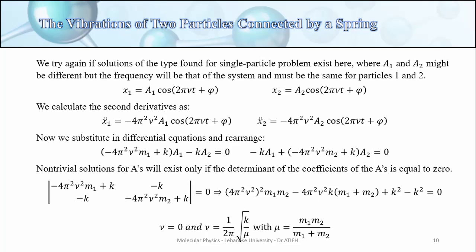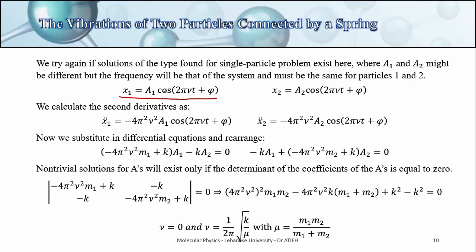Remember that we are searching for the solutions of the coordinates x1 and x2 as functions of time. A first guess would be taking x1 and x2 in a way similar to that for a single particle. So for a single particle, the solution was x equals a cosine (2 pi nu t plus phi). So let's try to take x1 equals a1 cosine (2 pi nu t plus phi) for the first particle, and x2 equals a2 cosine (2 pi nu t plus phi) for the second particle.